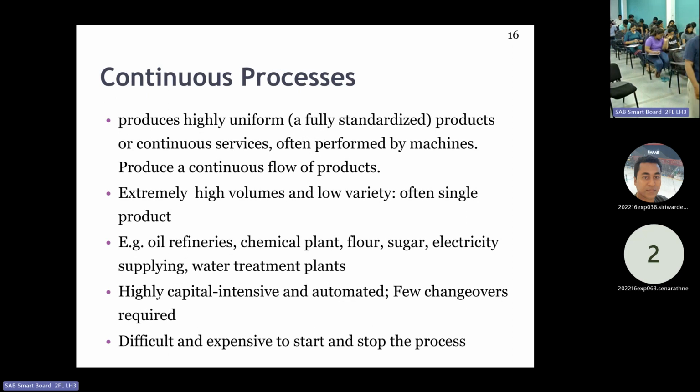Those connected online can also go through the slides up to slide number 16, 17, and give it a try to understand. One person cannot study all five among your friends. One person can study only one or two.